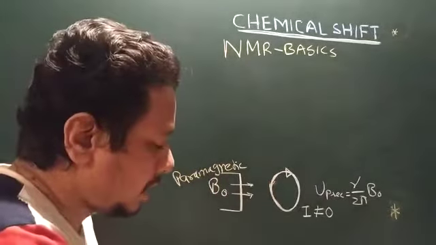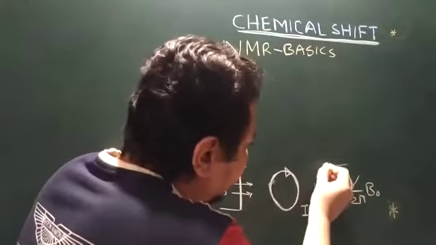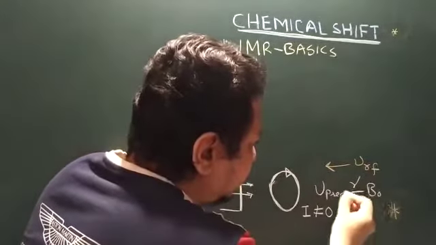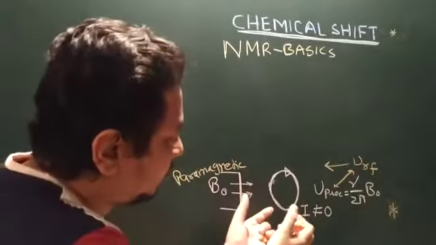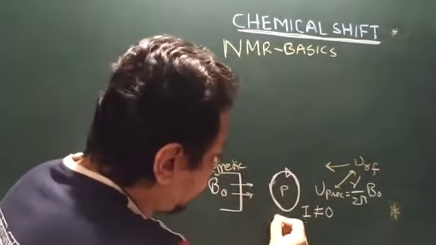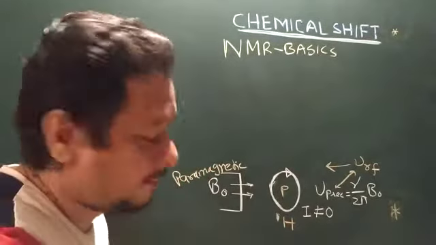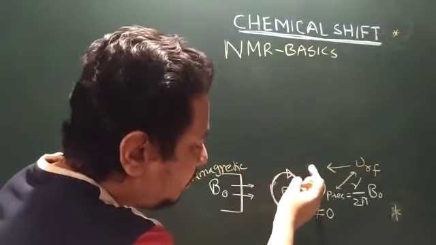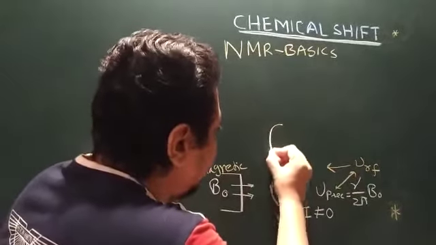Now the next thing is when we give from the outside a radio frequency equal to V precession, then this nucleus, especially this 1H proton we are showing as per the last video, takes up this extra amount of energy and starts to oppose the external magnetic field.